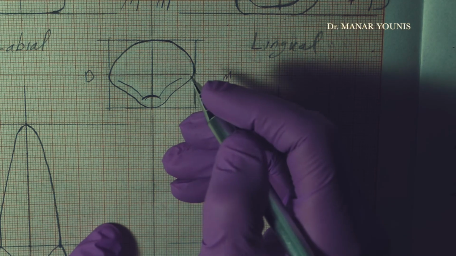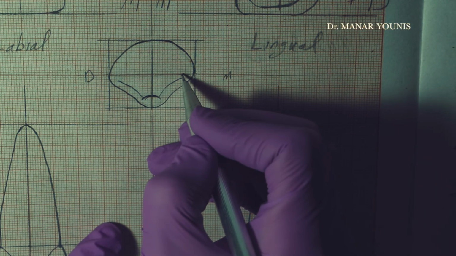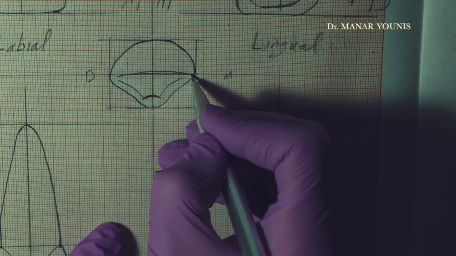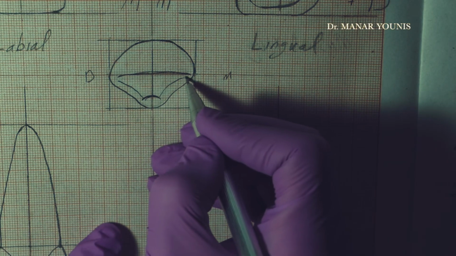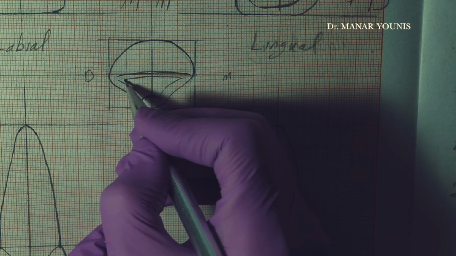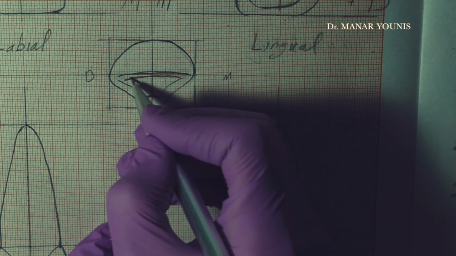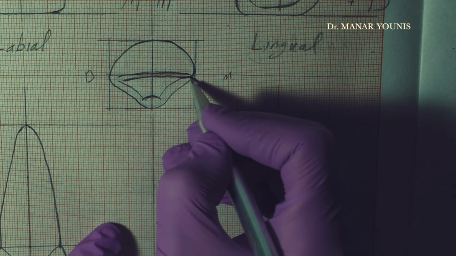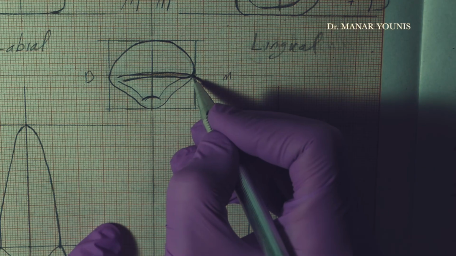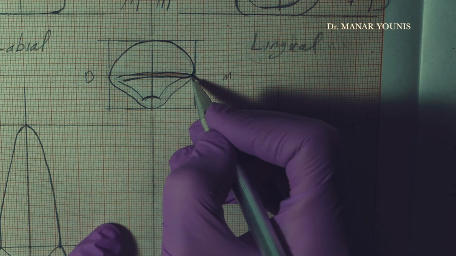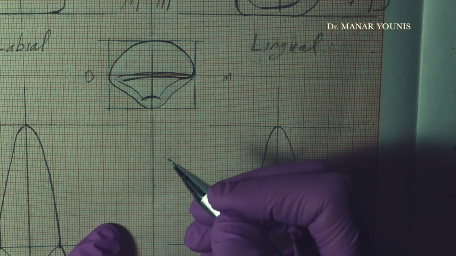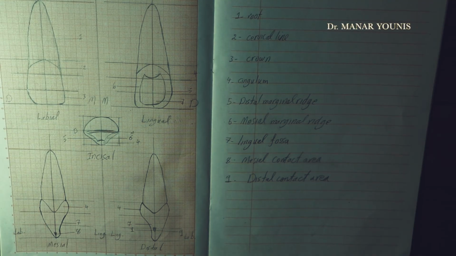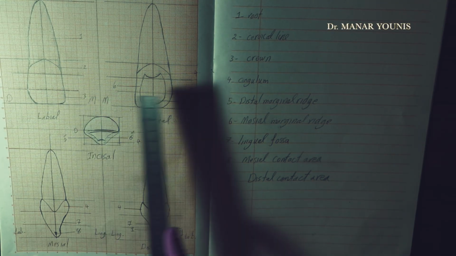The incisal edge is relatively straight and is centered labiolingually, and this is the linguo-incisal edge, which is slightly prominent mesially, since the mesio-incisal angle is more sharp than the disto-incisal angle. This is the final result after completing labeling each tooth aspect.